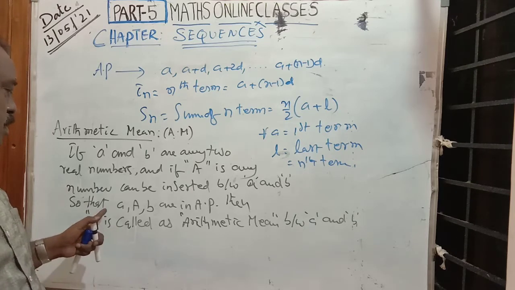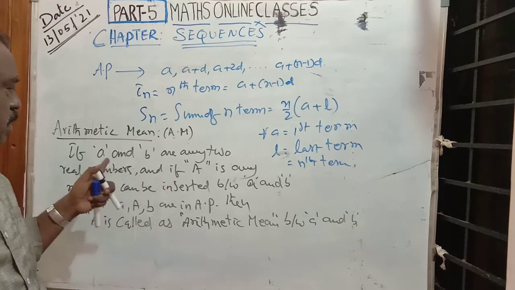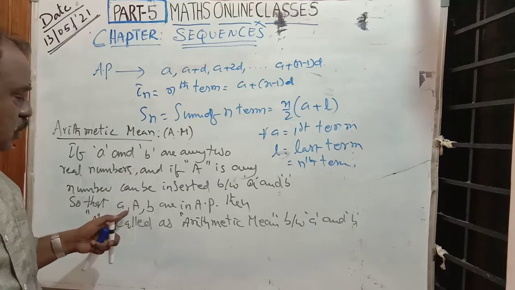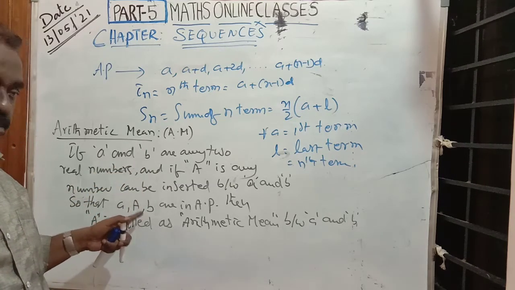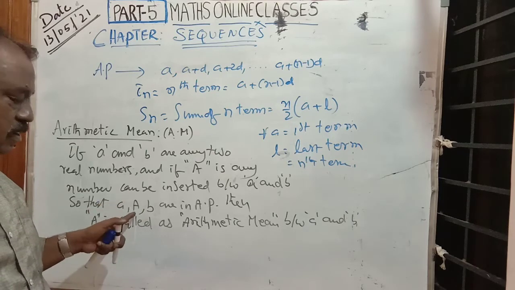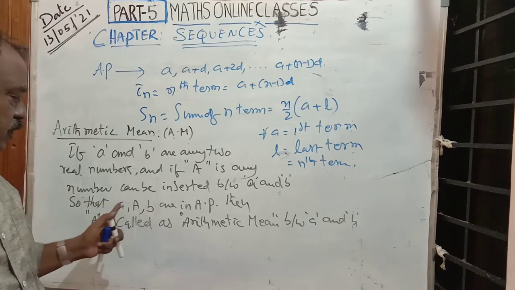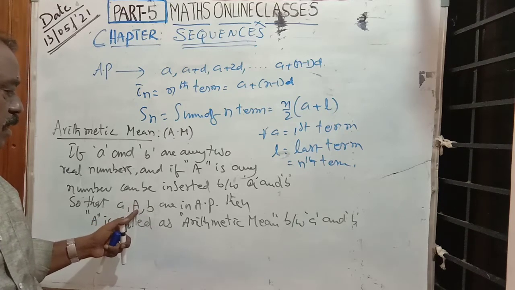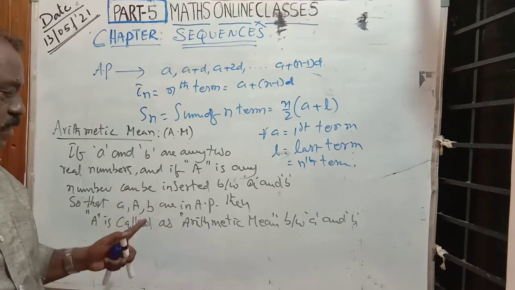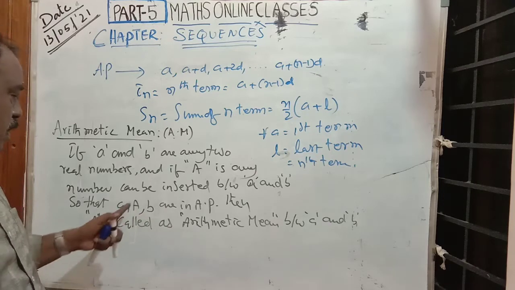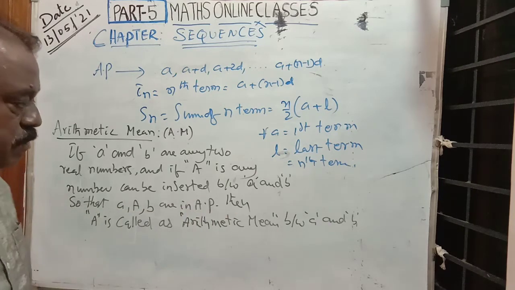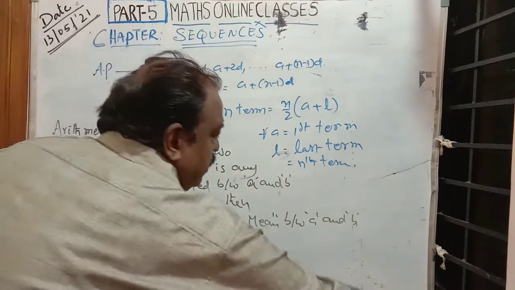We insert a new number between the two given numbers, and those three numbers in this order, the first number, the inserted number and the last number, must be in AP. Then this capital A will be called the arithmetic mean, AM.